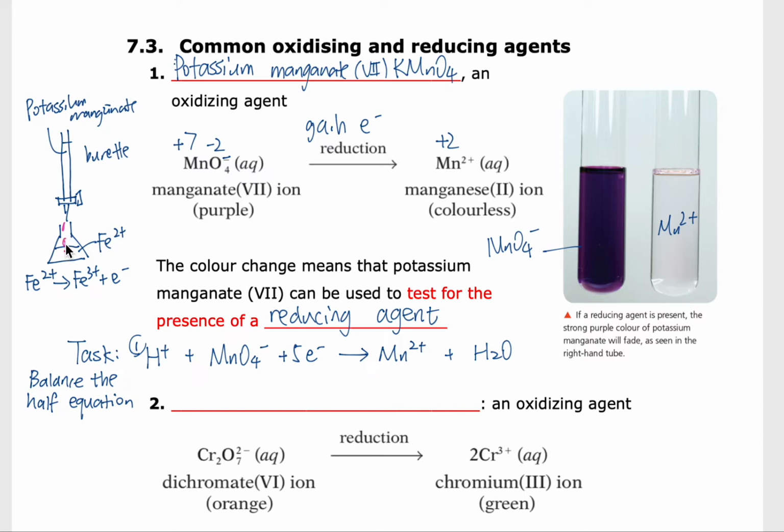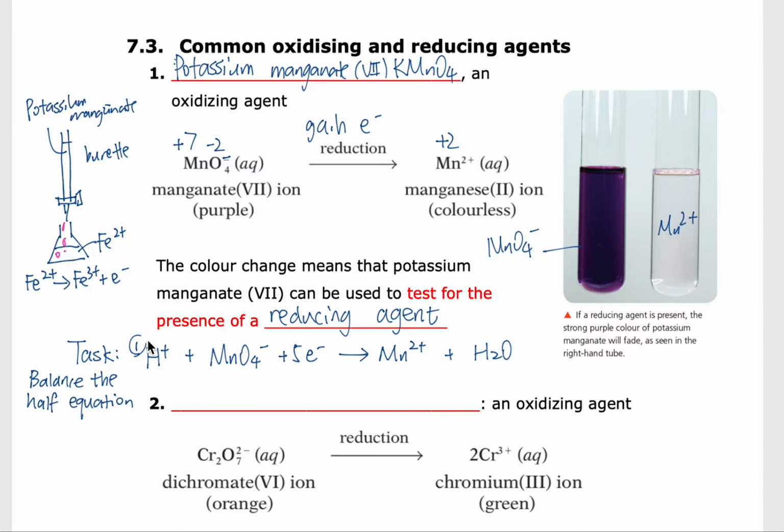That's why when this purple droplet comes in, without anything to react with it, there will be a permanent pink color in the conical flask. Right, you will see a worked example on page 13. So I'm not going to go into too much detail.